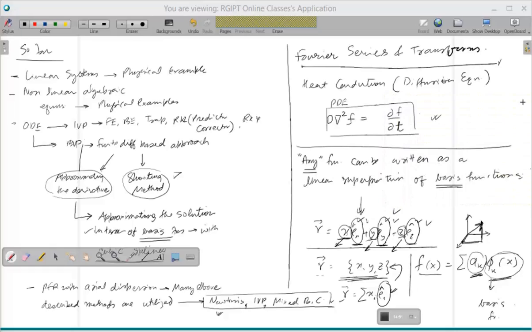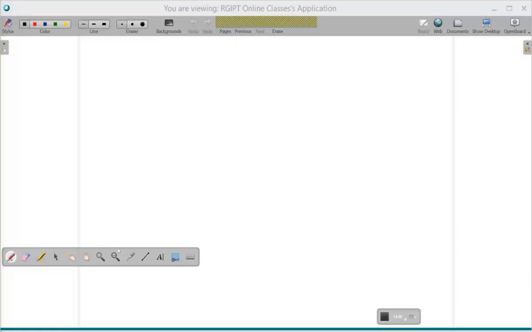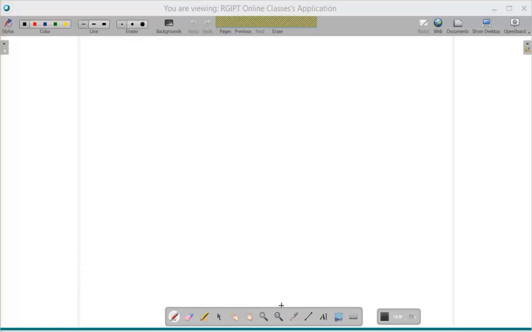Okay. Follow. So now the thing is, what is the requirement that a particular class of functions serves as basis functions? How do you ensure that? You have a set of functions and they serve as basis functions. How do you ensure that?